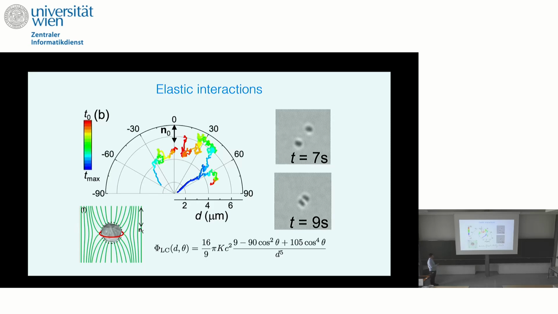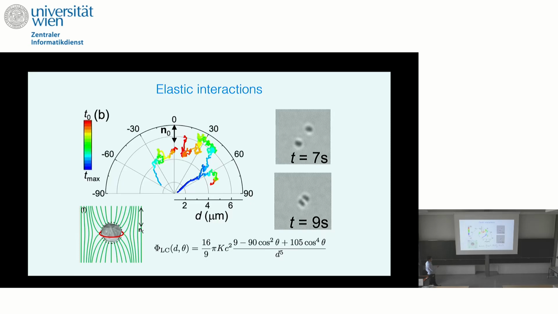Since the far field is homogeneous, and it has to be perpendicular to the spherical surface to match the two alignments, you cannot get away without creating a defect around the particle. This is an example of such a defect. It's called a Saturn ring defect. These are the collection of points for which the orientation of a nematic molecule is ill-defined.